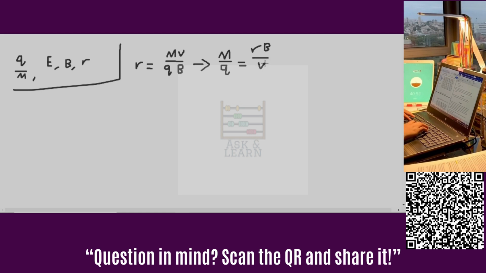Now, we want the inverse of this, so we just flip both sides. So now we have q up top, m underneath, and that also flips the other side. These are just algebraic laws. So now we flip this too, so now we have v up top divided by rB.